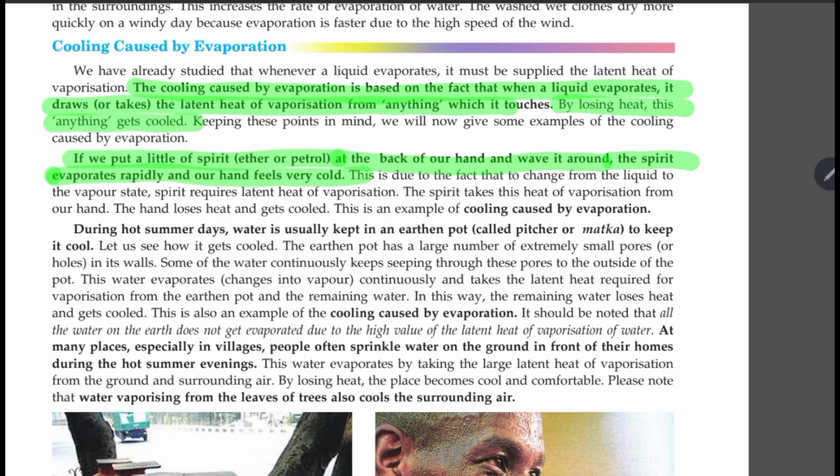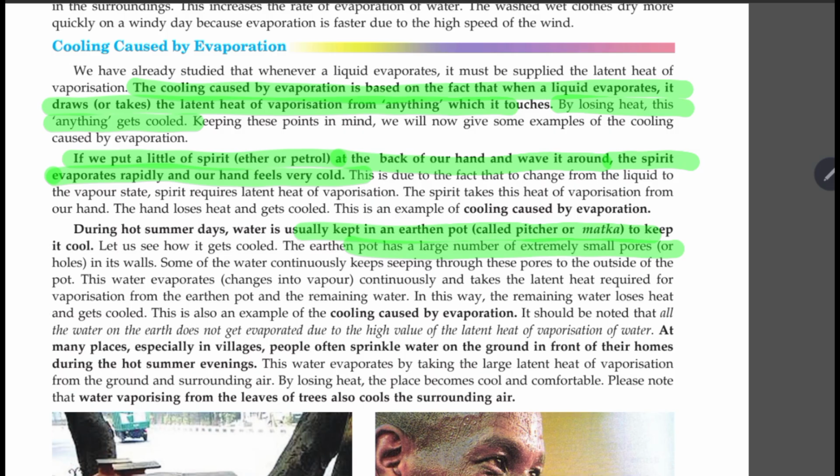Have you seen that during hot summer days, if you keep water in a matka, which is known as earthen pot, the water remains cool. Why? Because this earthen pot contains very small tiny pores and water drips. Okay, it drips out.